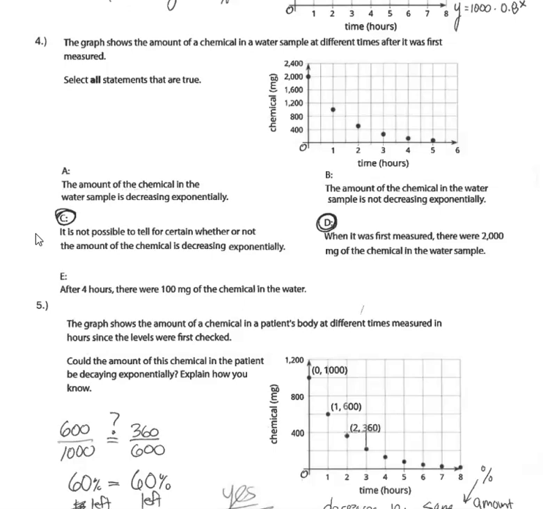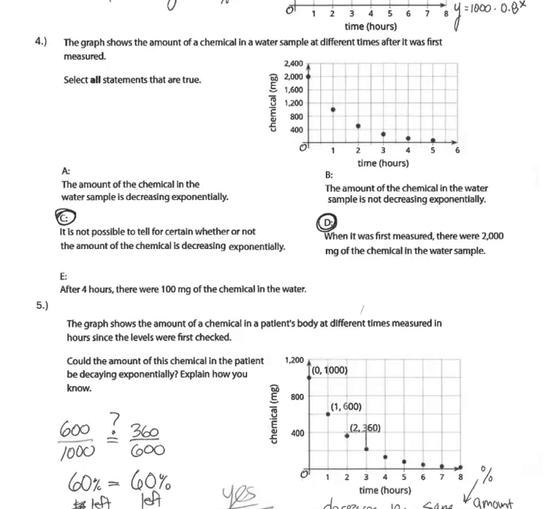The next one says that it is not decreasing exponentially, and at first when I read those, I was like, it has to either be decreasing exponentially or not. What I didn't do is read C, and C says it is not possible to tell for certain whether it is decreasing exponentially. So that is the actual answer. It might be depending on what those exact values are. So C is one of them.